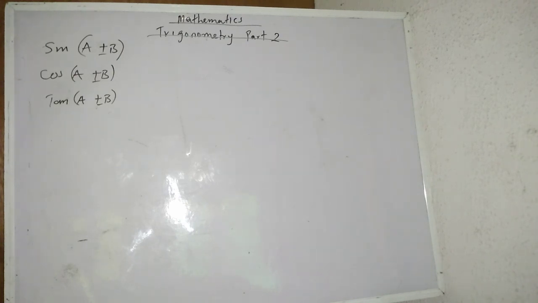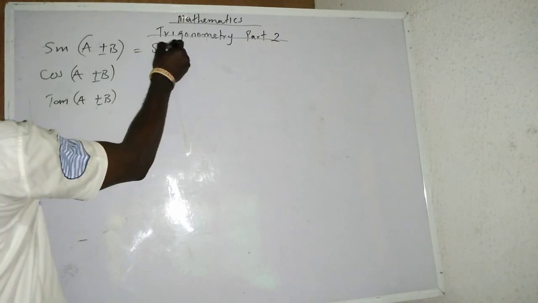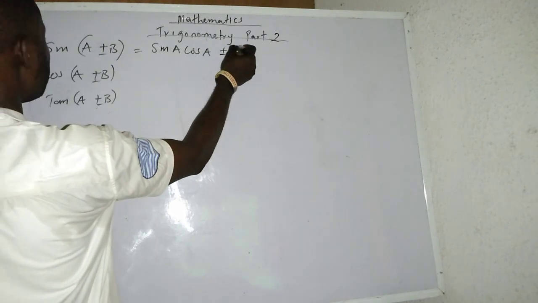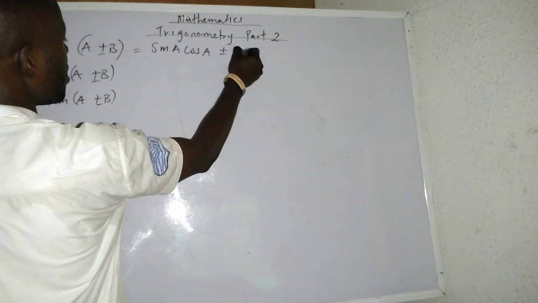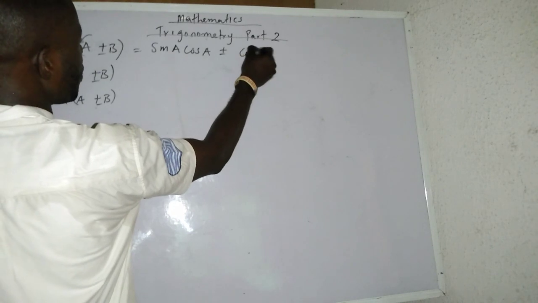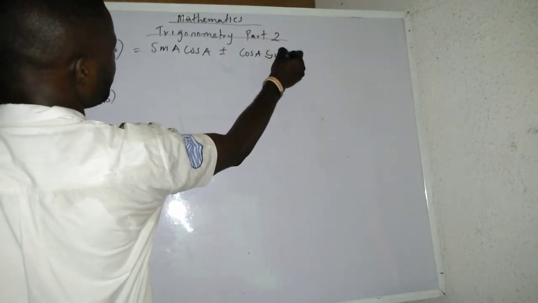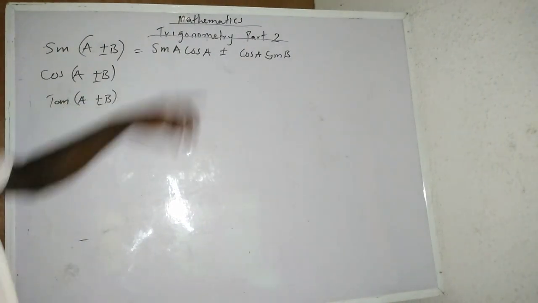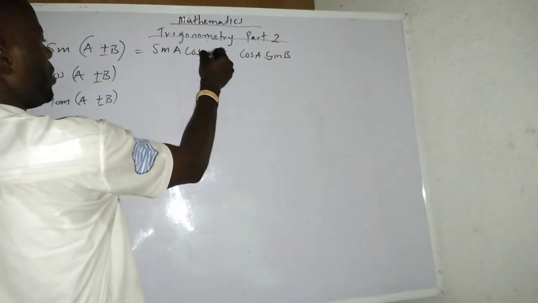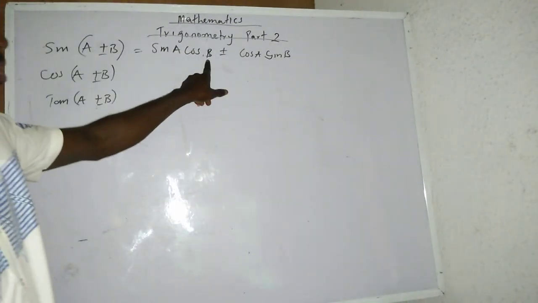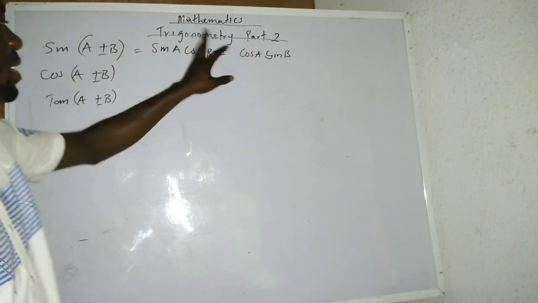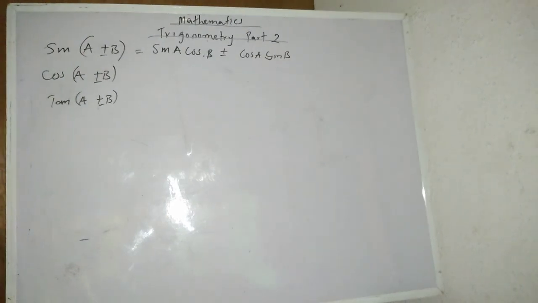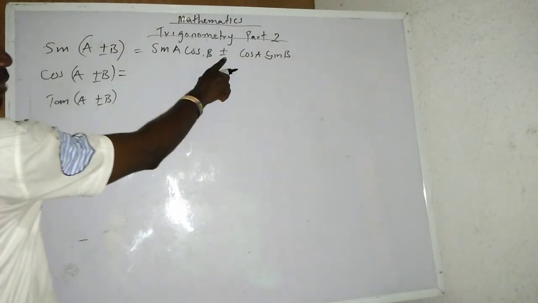Now, what I need to do is, my sine of A plus or minus B will be sine A cos B plus or minus cos A sine B. The angle will change. Can't you see? The position of A and B changes, while the sign will remain the same.